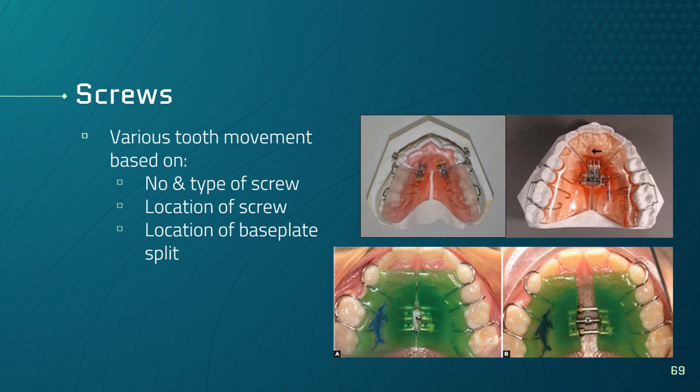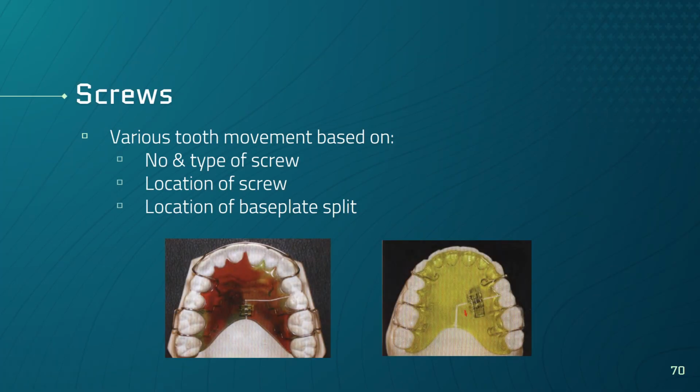Okay, have a look at these diagrams, and this is what I mean by the tooth movement will be based on how you split the base plate and also where the screw is located. If you compare these two diagrams here, the base plate split is nearly similar, except that the location of the screw is different.